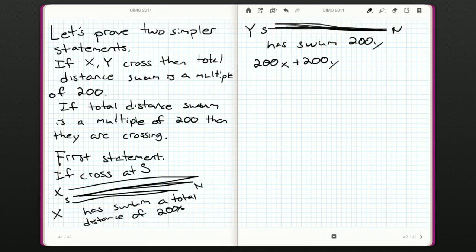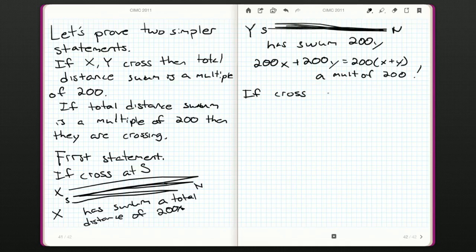We don't know what x and y are, but we do know that they are going to be natural numbers. So in total, they've swum 200x plus 200y, a multiple of 200. Okay.